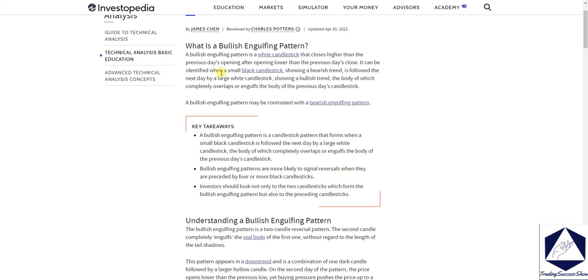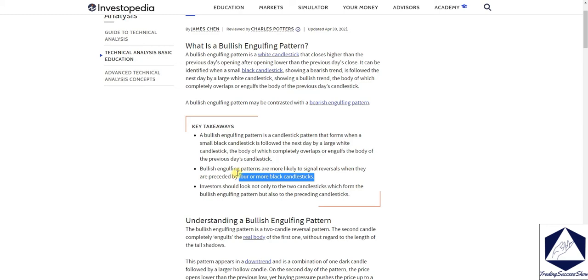It can be identified when a small black candlestick showing a bearish trend is followed the next day by a large white candlestick showing a bullish trend, the body of which completely overlaps or engulfs the body of the previous day's candle, which we've identified earlier with the picture. A bullish pattern is more likely to signal reversal when it is preceded by 4 or more black candlesticks.